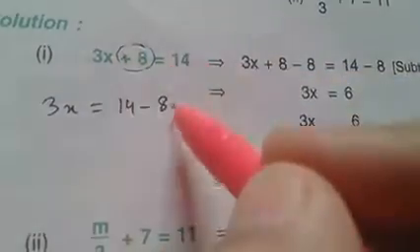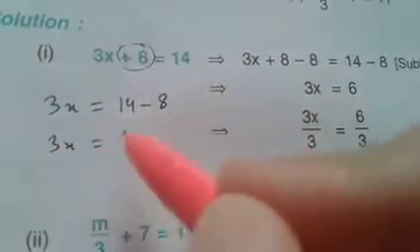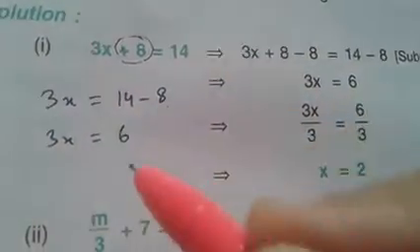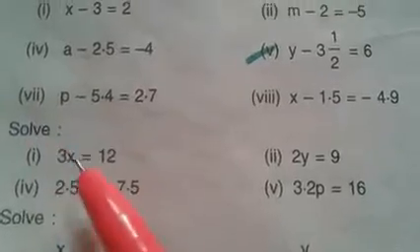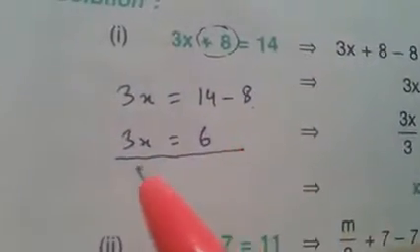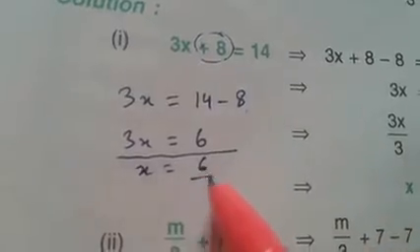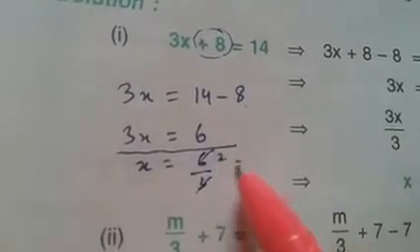So plus 8 became minus 8. So 3x is equal to 6, right? Now this became like this type of question. So 3x is equal to 6, so x is equal to 6 upon 3. 3 ones are 3, 3 twos are 6. This we have already solved.